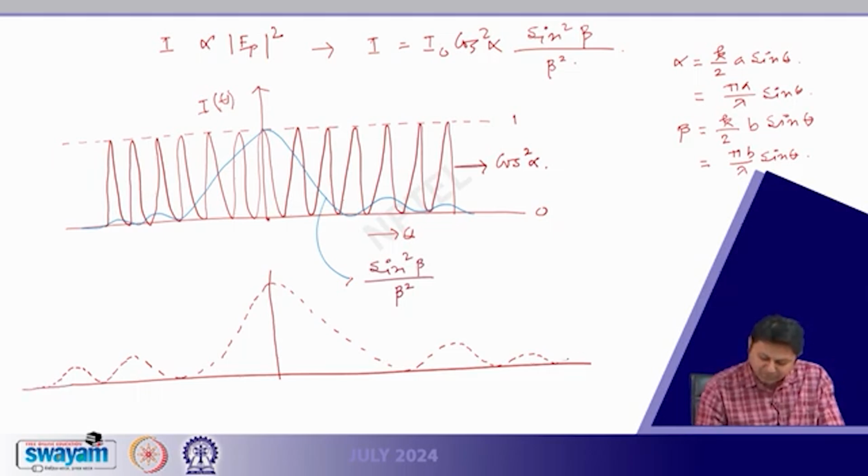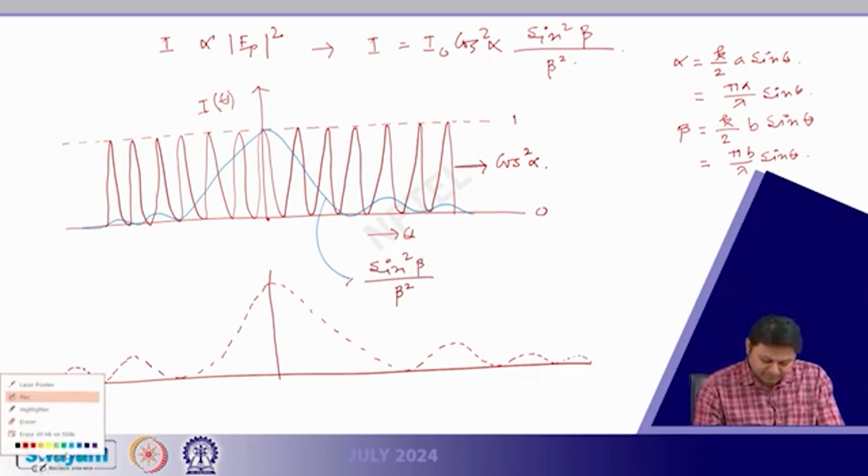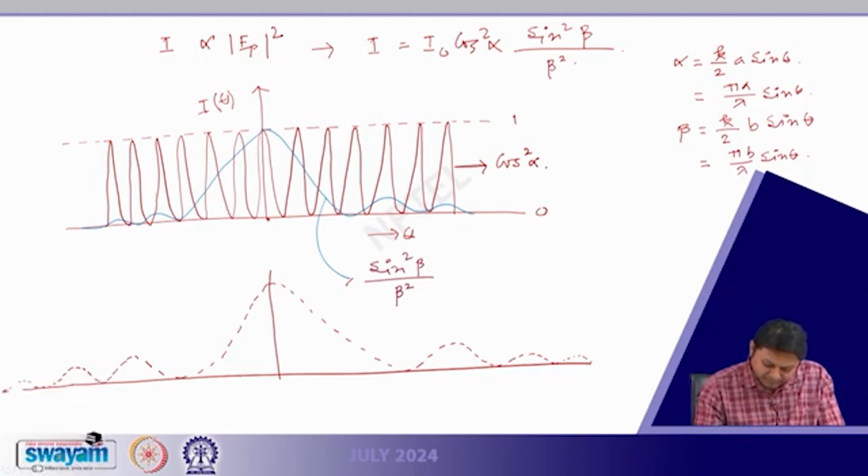This side also we have small peaks rapidly diminishing to 0, and inside this envelope we have this distribution. So, this is the intensity pattern one can expect.